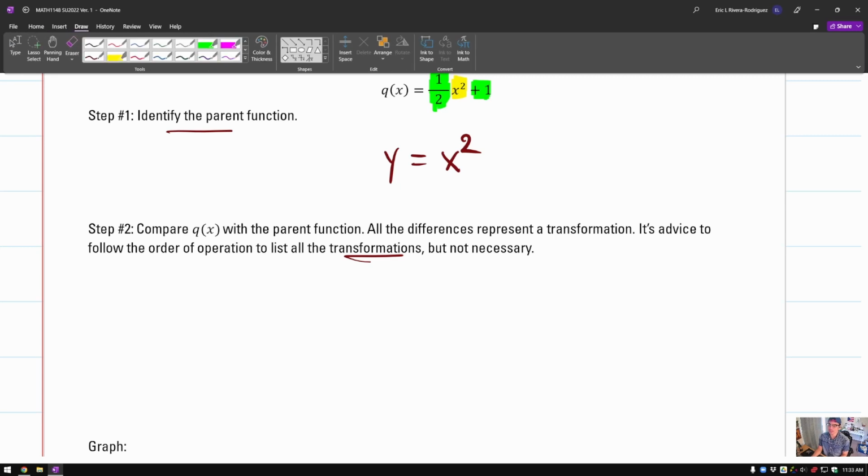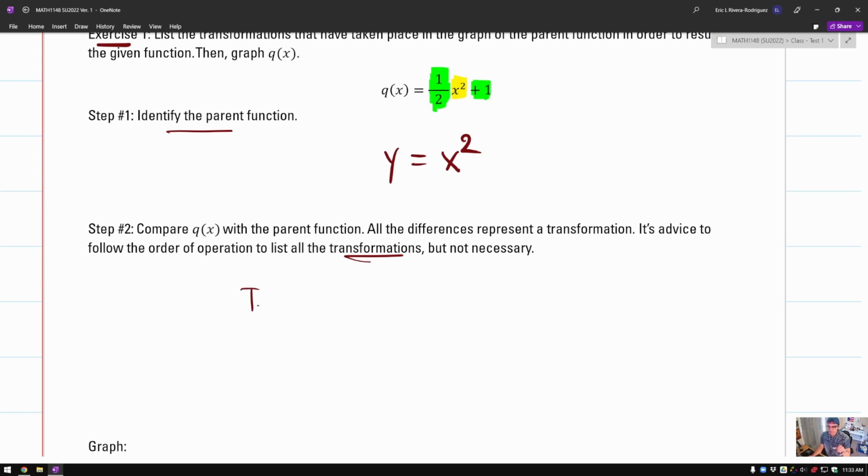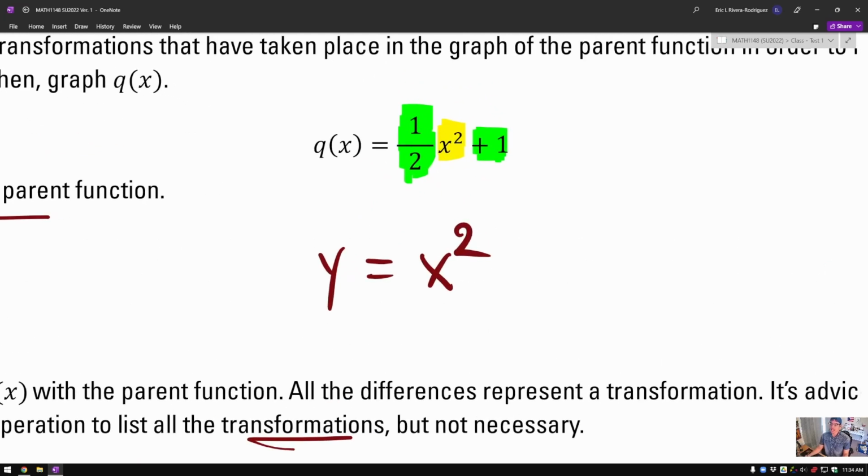Okay, let me grab my pencil here. You said transformation number 1. Let's identify. Before going there, let's identify if these transformations are in the output or the input.